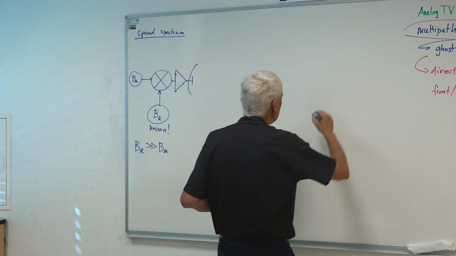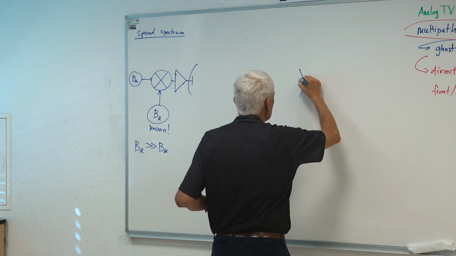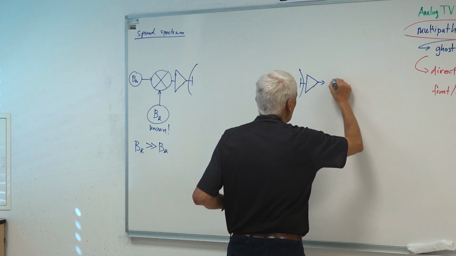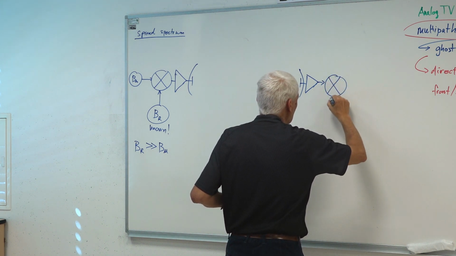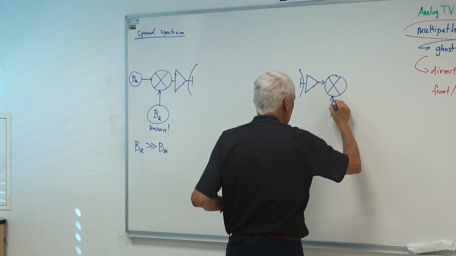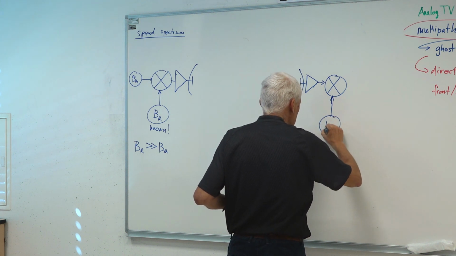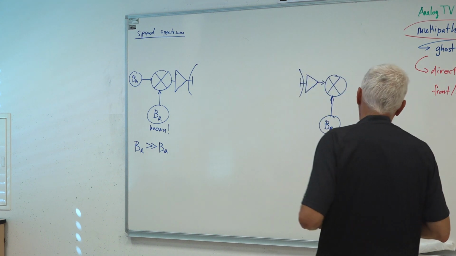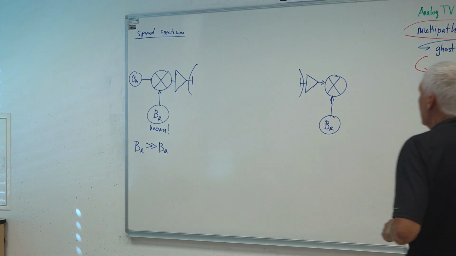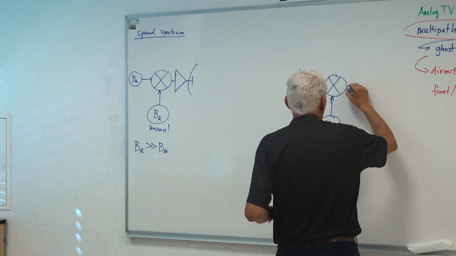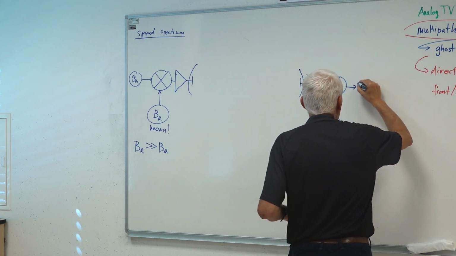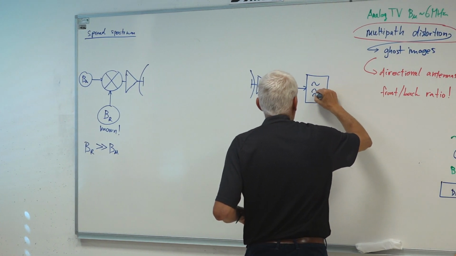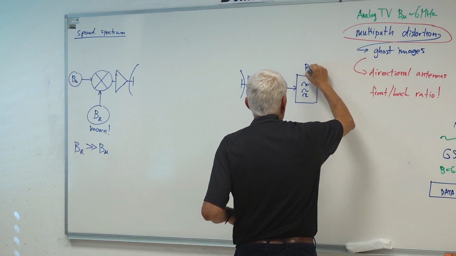What we do at the receiving side, okay, we amplify, but now we multiply with exactly the same spreading sequence BR. And now we take this through a narrowband filter, a narrowband filter that only has the bandwidth of B user.